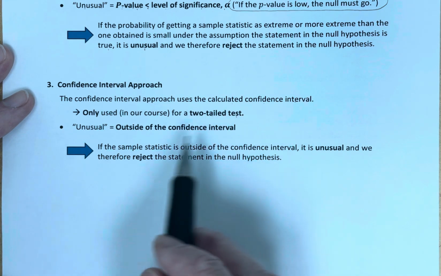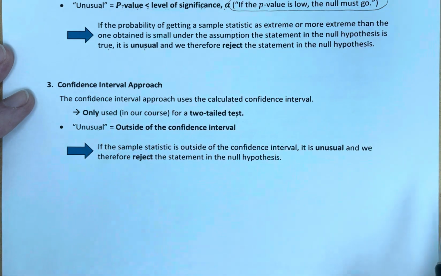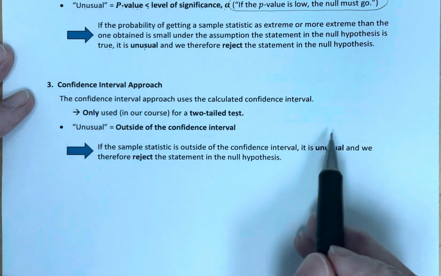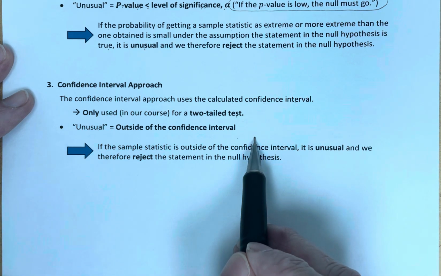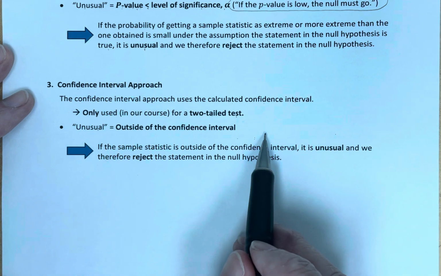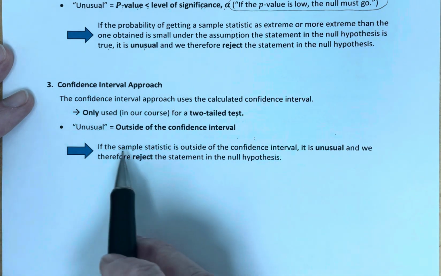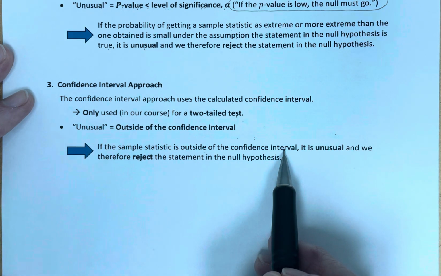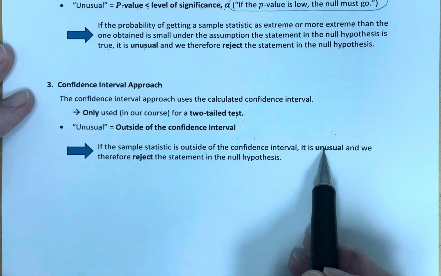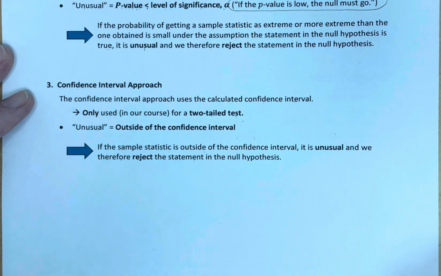Unusual means it's outside of the confidence interval. So whatever interval you come up with, you have a lower number and an upper number. If you're outside of that, it's unusual. So if the sample statistic is outside of the confidence interval, it is unusual, and we therefore reject the statement in the null hypothesis.